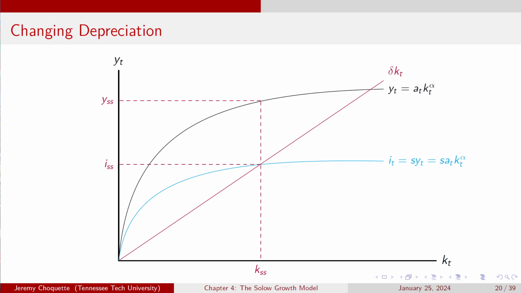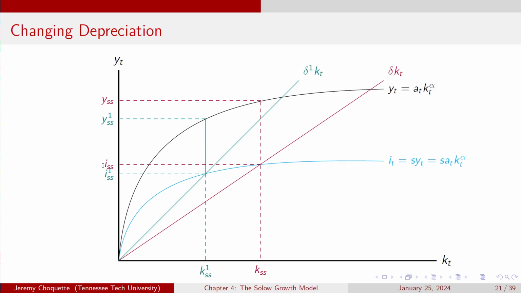This is the initial dynamic steady state equilibrium that we were looking at: steady state capital, steady state investment, steady state output. Okay, we got that. But now we're going to shift that depreciation line inward. As it shifts in, delta increases here, so that line gets steeper. Steady state capital falls from K_SS to K_SS1.